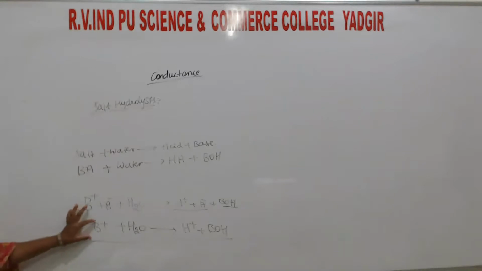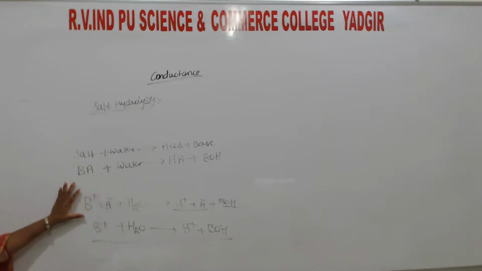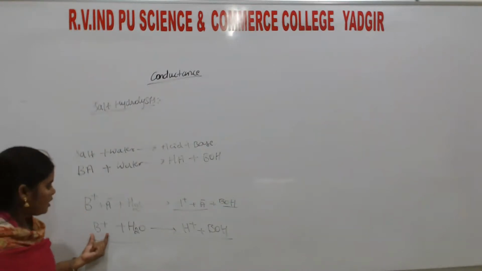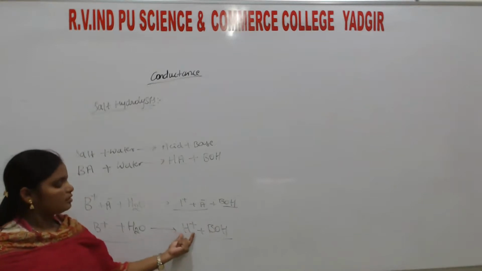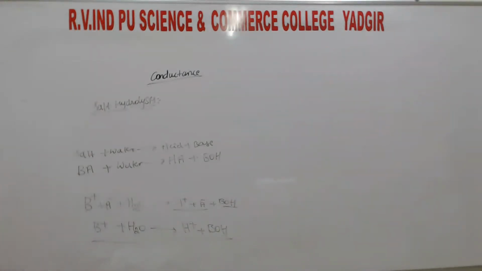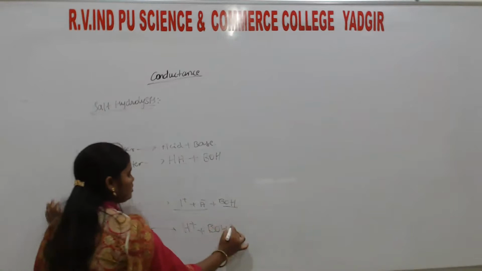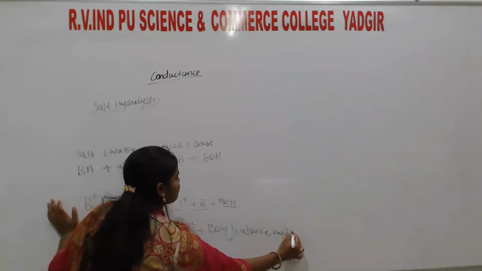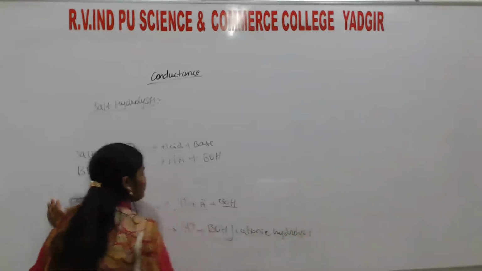Here you have taken only the base's B+, which is a cation. This cation reacts with the water molecule to give an acidic solution, and this is called cationic hydrolysis.